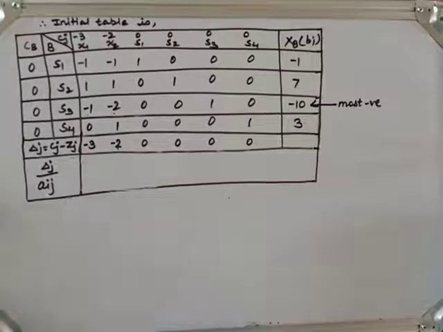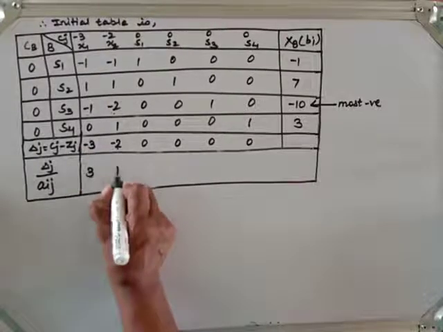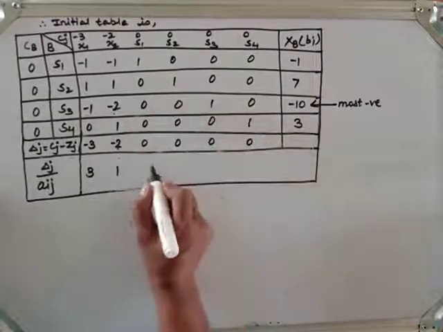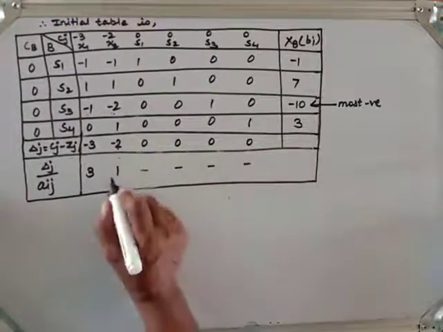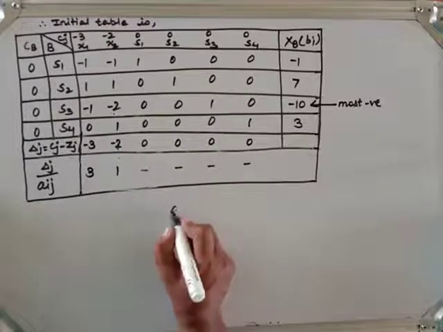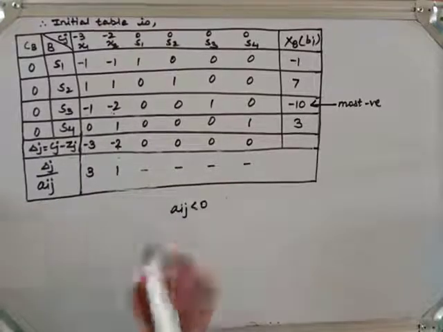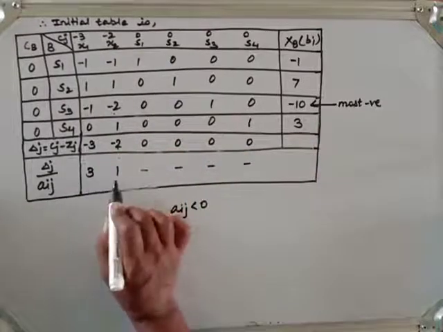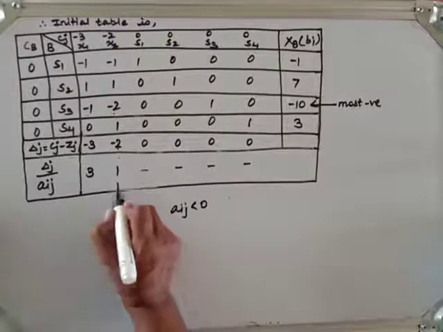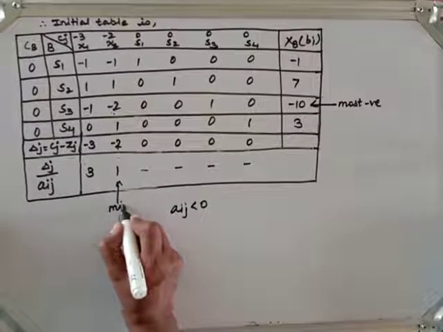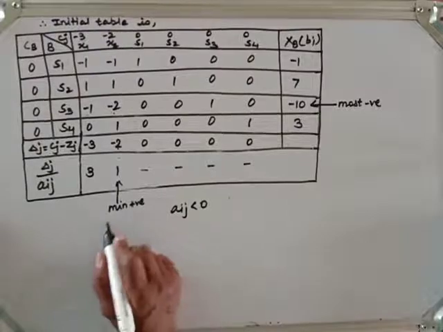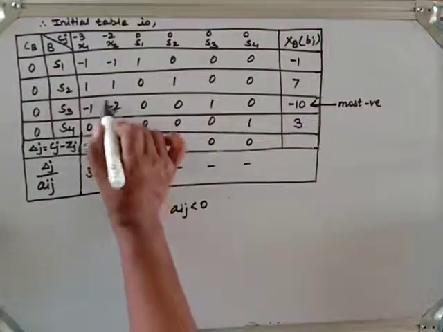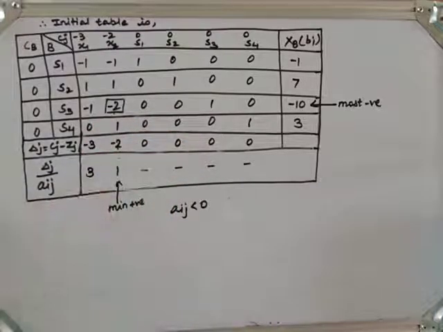Now let me write it directly: this is 3 and this is 1. Here the other entries are 0, 0, 1, 0, so we won't find the ratio for them. It will be found only for those aij less than 0 in the pivot row. Now which one is minimum among these? Minimum among these is this one, the minimum positive. So this is the pivot row, this is the pivot column, and this is our pivot element.